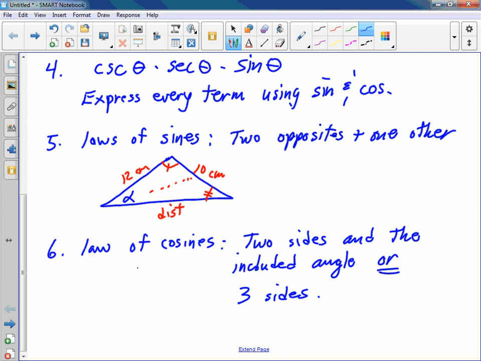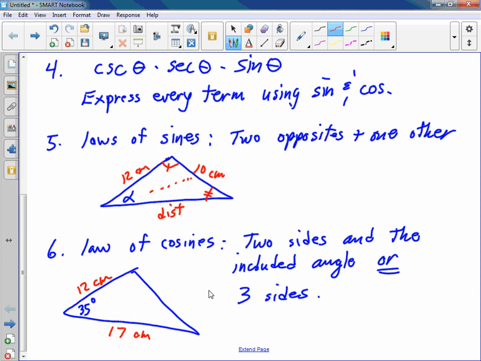The most common is when you know this angle is 35 degrees, and you know this distance is whatever. And then say we have two sides and the angle that's sandwiched or included between those two sides. Then you're good to go with law of cosines.